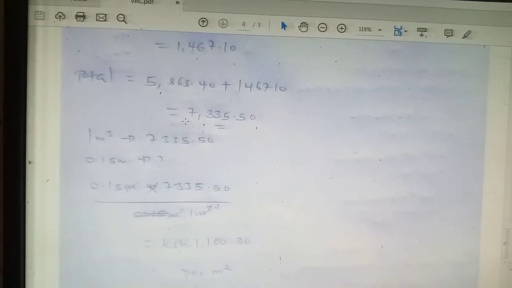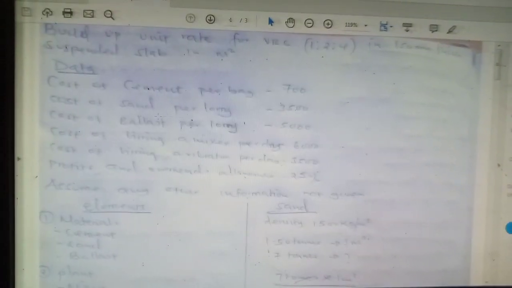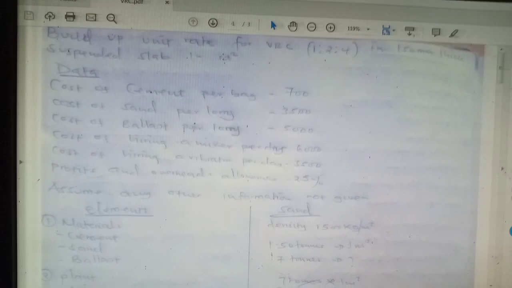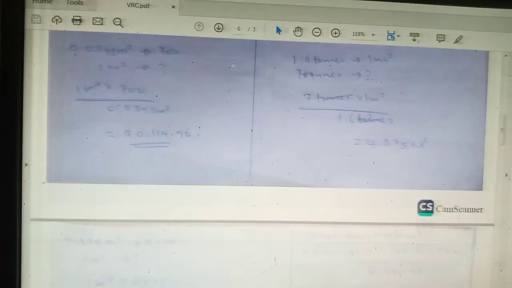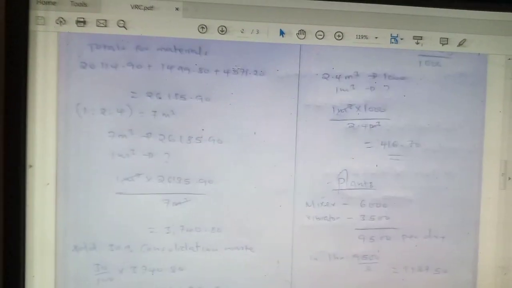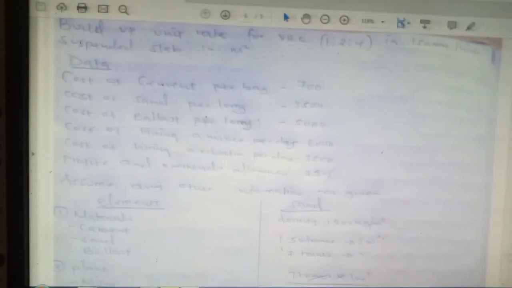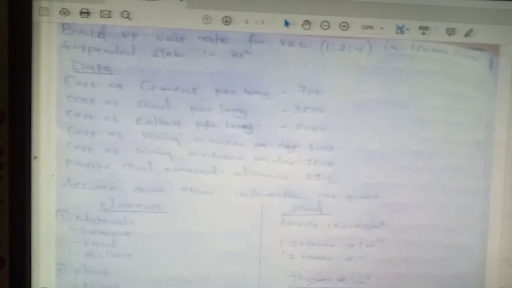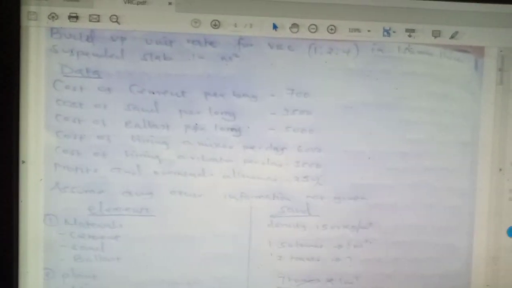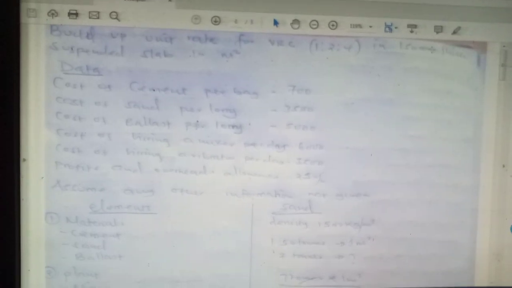But the question specified that our work we should give it in meter squared. And remember, we were calculating it in cubic meter, but we need to convert it to meter squared. The question also said that the thickness of the slab was 150 millimeters.